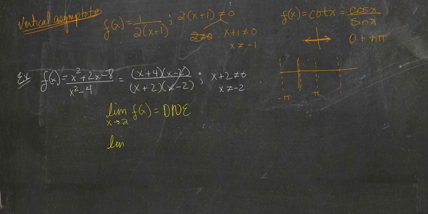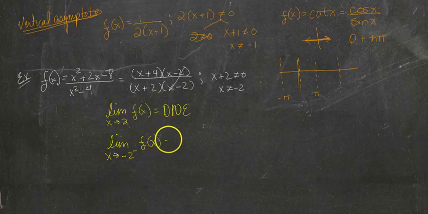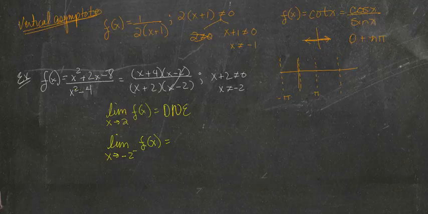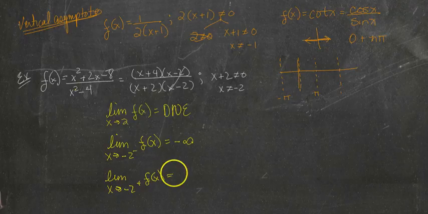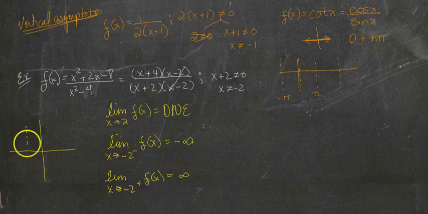But the limit as x approaches -2 from the left, and in this case I actually do know this to be the case for this function, as you approach -2 from the left, you're approaching an asymptote, and from the left-hand side it goes off to -infinity. And for the same function, the limit as x approaches -2 from the right of f of x approaches +infinity. So you really have a graph that looks like this, and this is the legitimate graph.